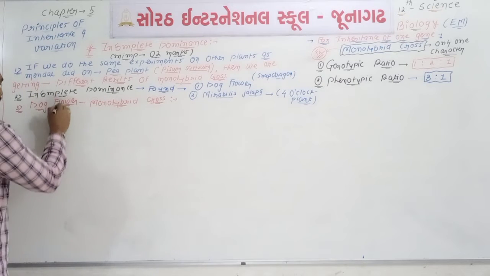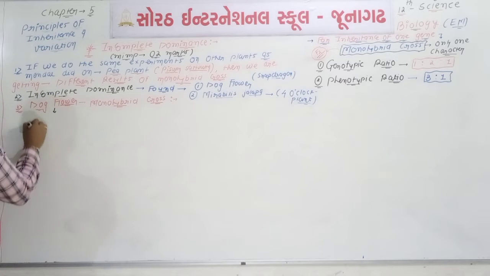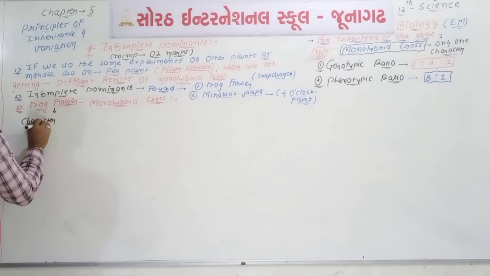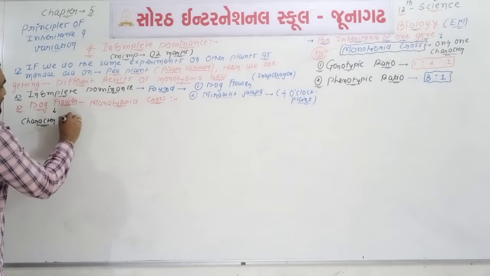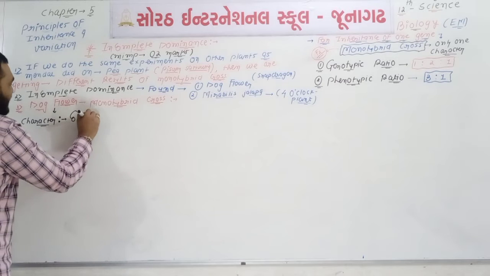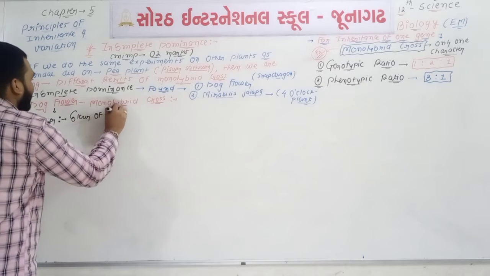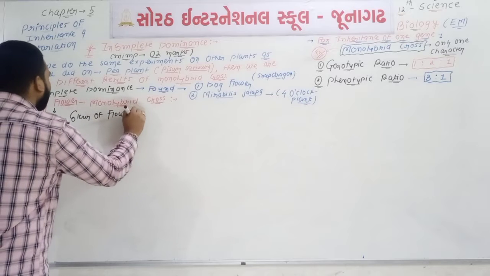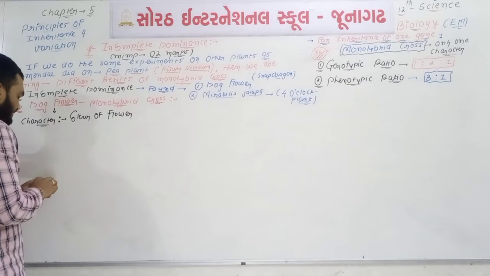You know that according to Mendel, one character has two factors. So the character is the color of the flower, of the dog flower. This is important.